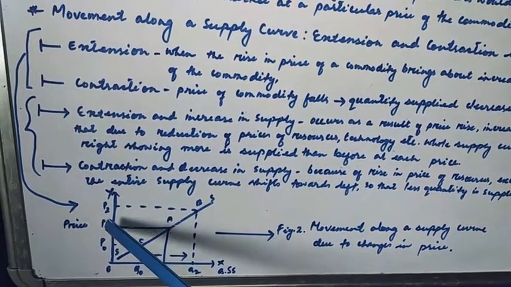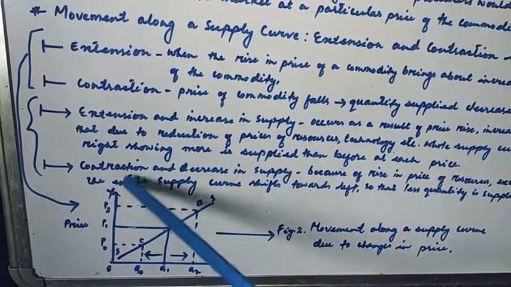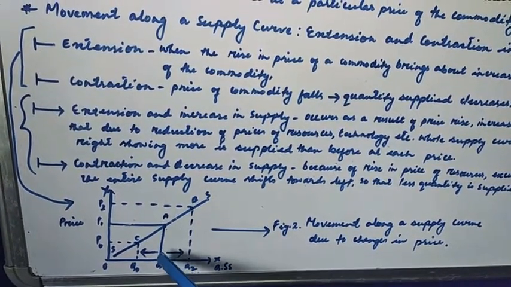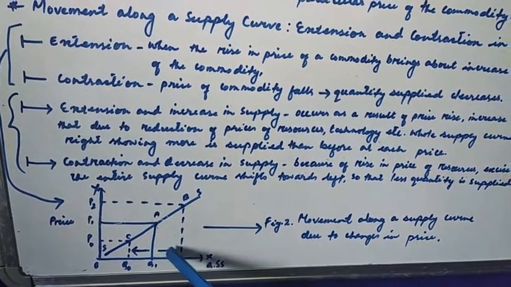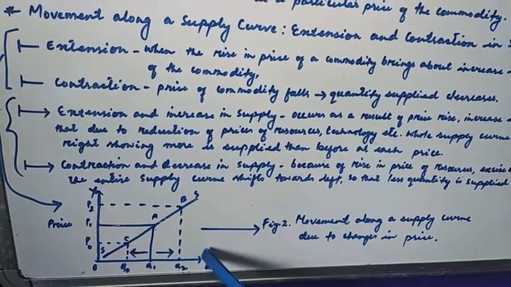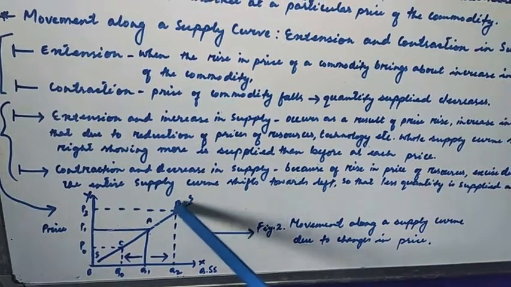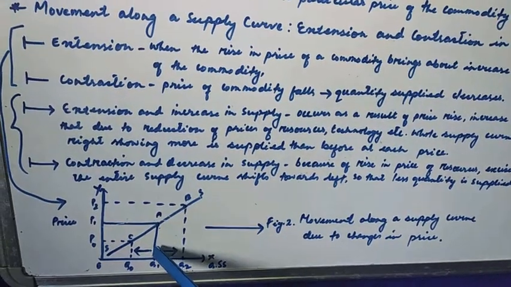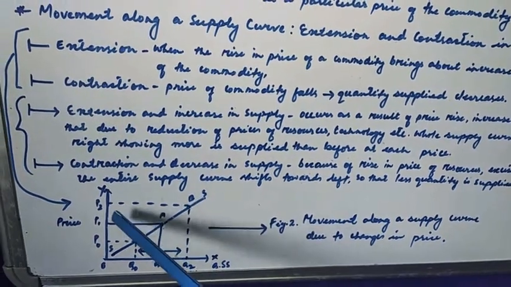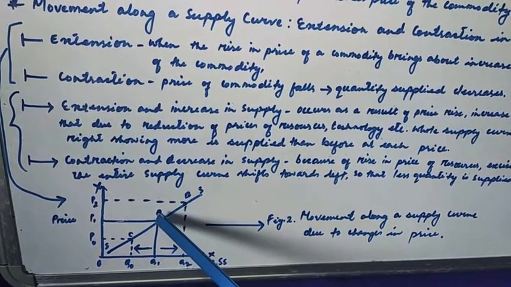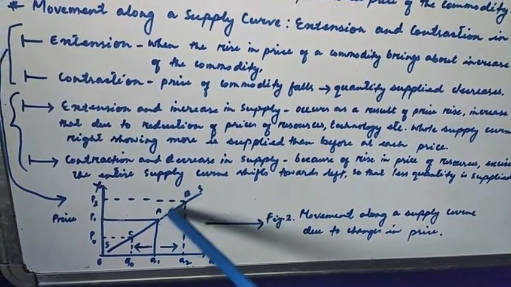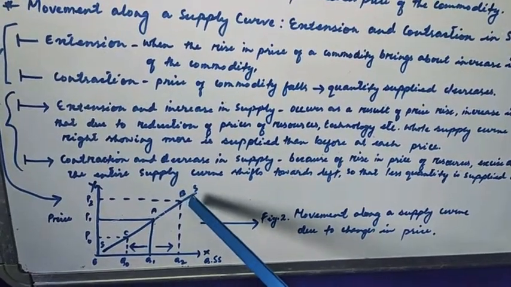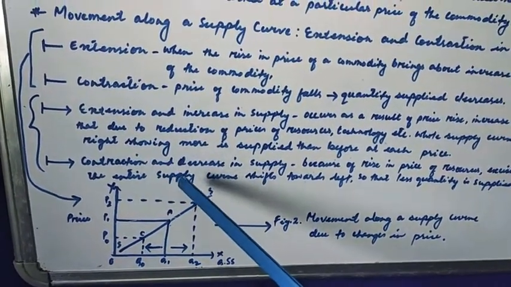When price has risen from P1 to P2, we see quantity supplied also increased from Q1 to Q2. So we are moving upward towards the right of the supply curve. We have moved from A to B when price has risen.